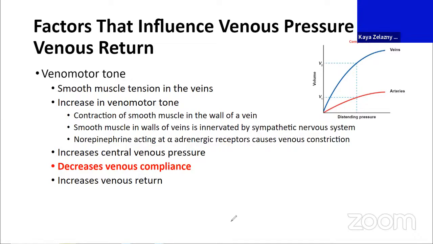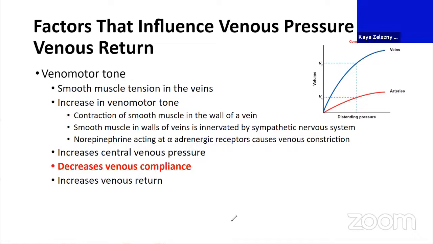All right, so an increase in venomotor tone means that we have a little bit of contraction going on, right? So when the smooth muscle in the wall of that vein contracts, it gets a little bit smaller, right? So that's our increase in venomotor tone, which therefore is going to affect how compliant it is, how easily it can hold that volume of blood.